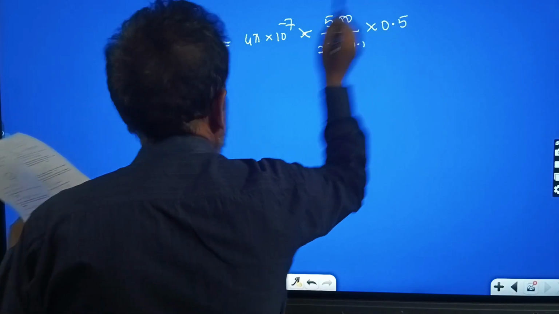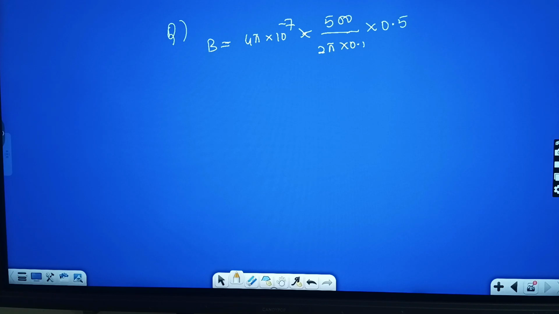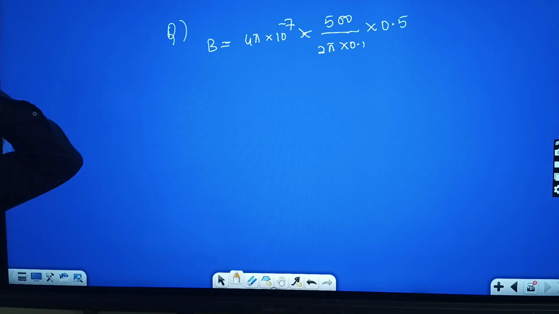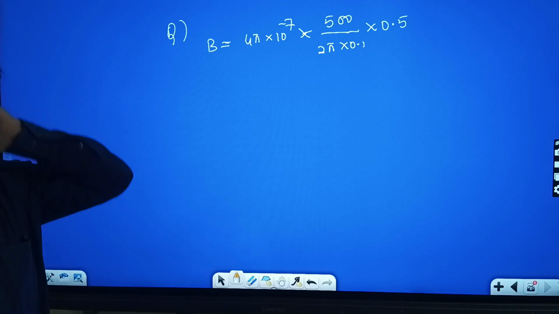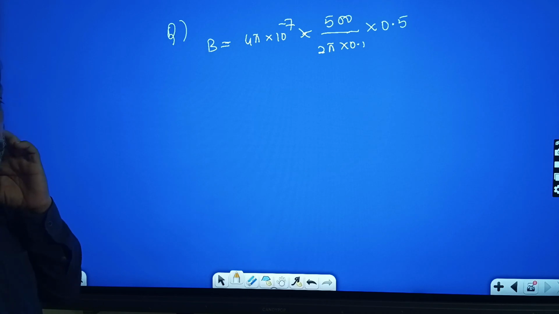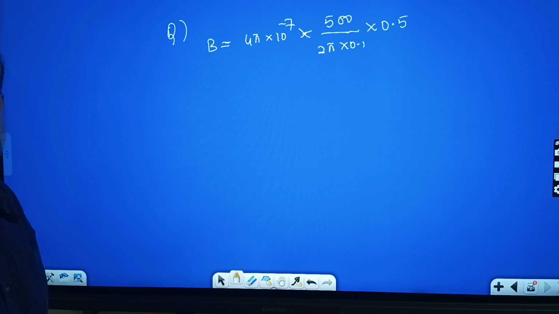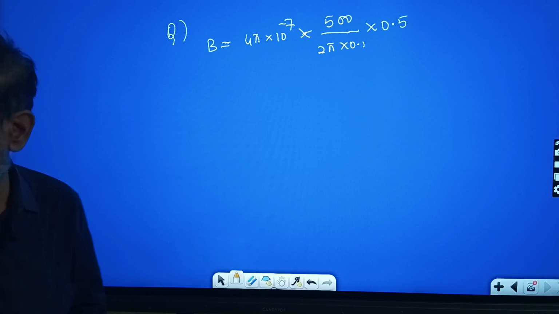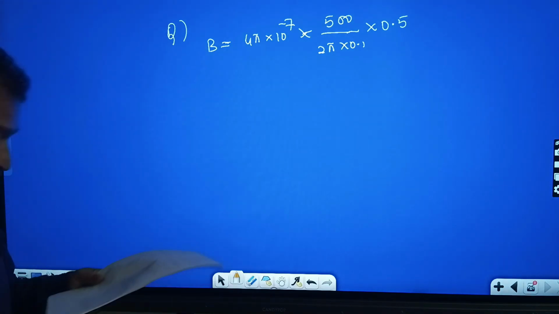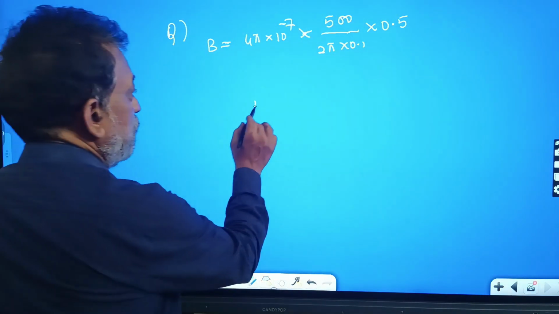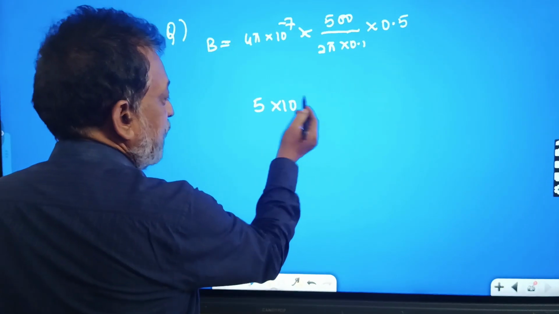Calculation, fast. I will get 5 into 10 to the power of minus 4. That's all. So it took only 10 seconds.